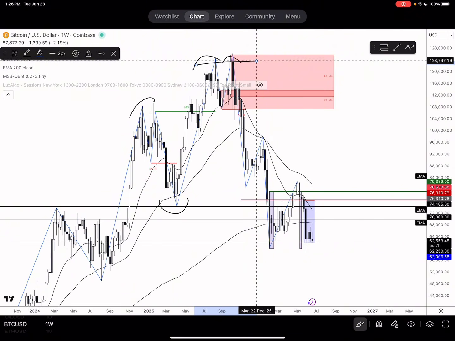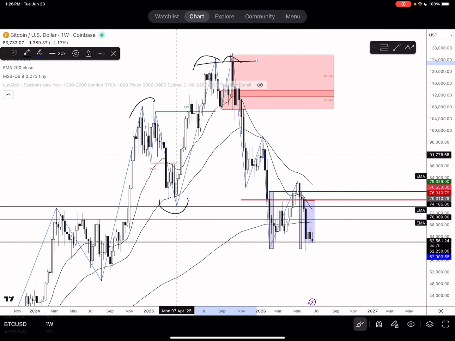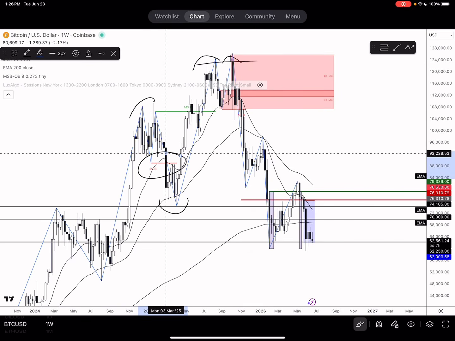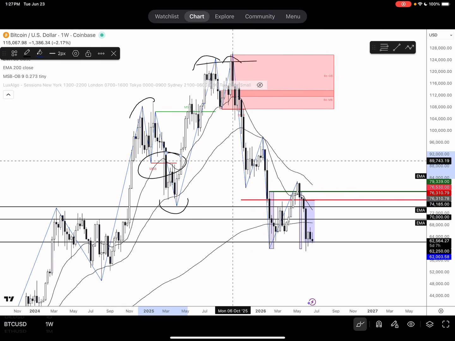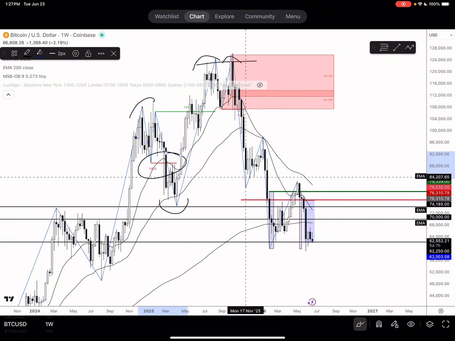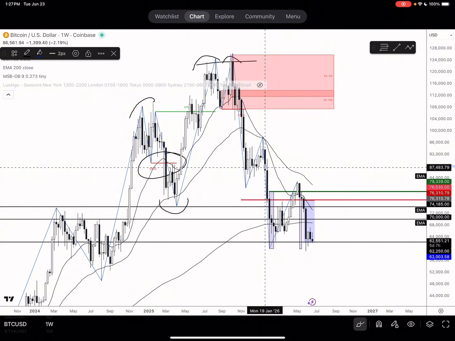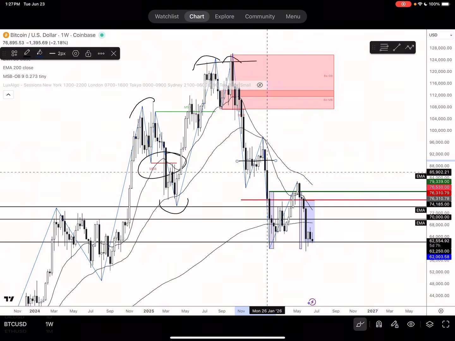And the other thing that I always like to look at is when we get a market structure break to the downside, once it breaks over here to the right, I want to see a pullback and then a break again. So as long as this area gets broken a second time and closed below, then more often than not, that's an indication that we are breaking those areas and potentially going down even further.